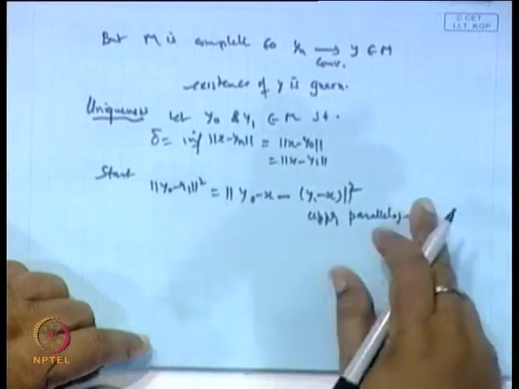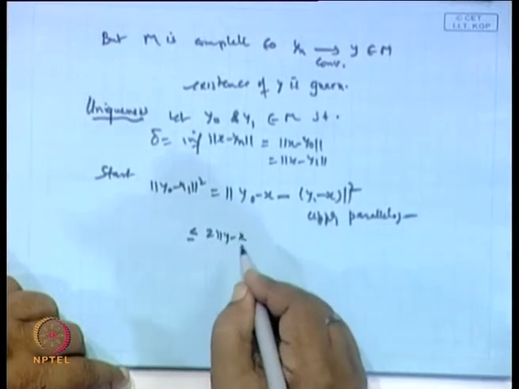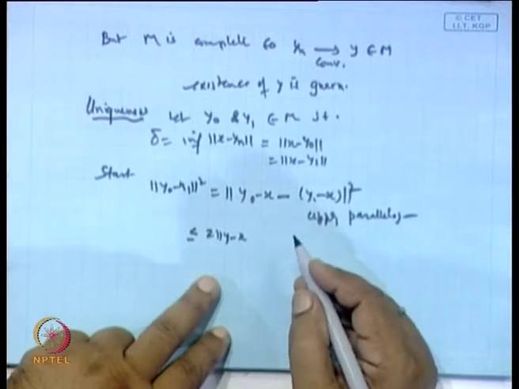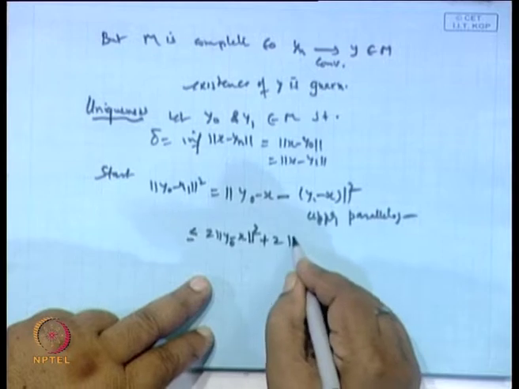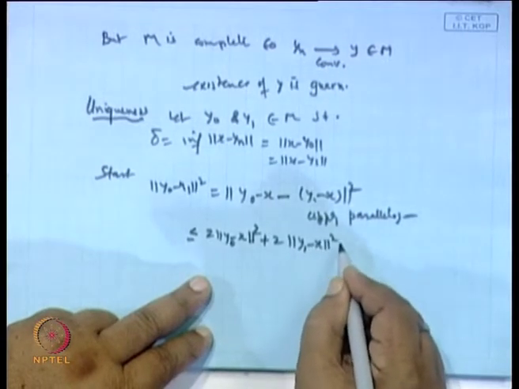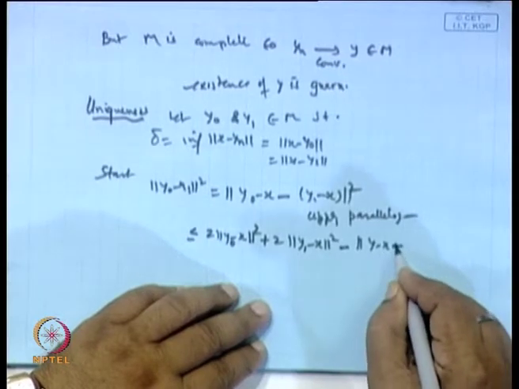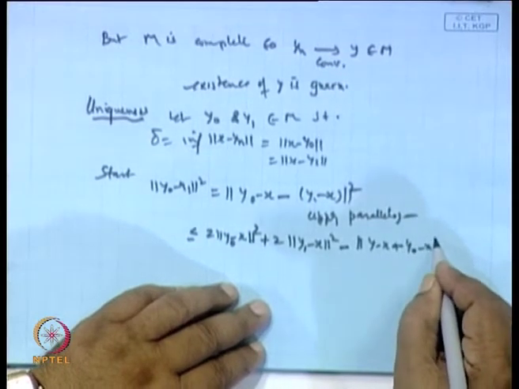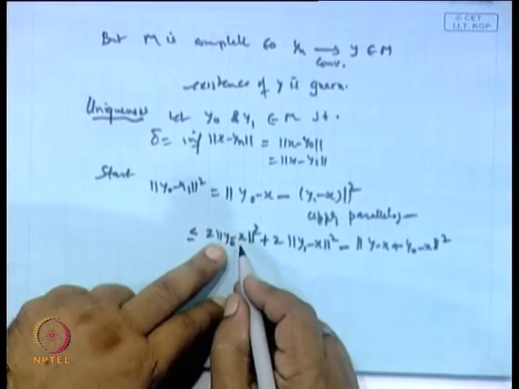Okay. Once you apply the parallelogram law, you will see that this will come out to be 2 times norm of y naught minus x whole square plus 2 times norm of y 1 minus x whole square, minus norm of y 1 minus x plus y naught minus x whole square, and this is delta.